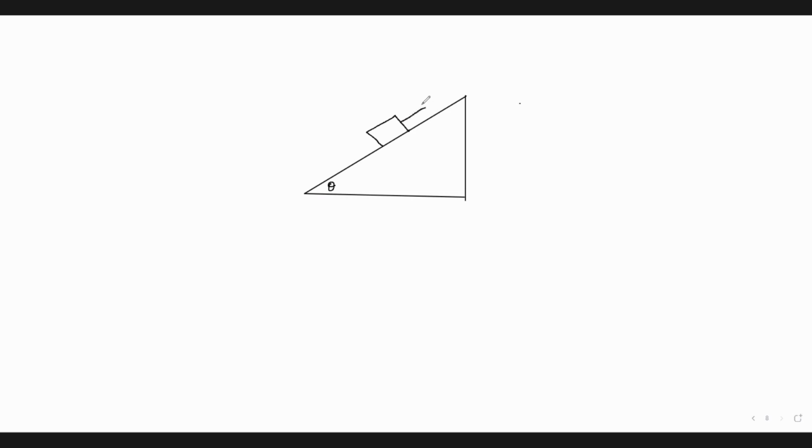Let's pull on a rope here with the tension T. And we'll just call this M. Now, the easiest way to solve this problem, and you will do this all the time, is to redefine your coordinate system so that the x-axis lies along the plane and the y-axis is perpendicular to the plane.